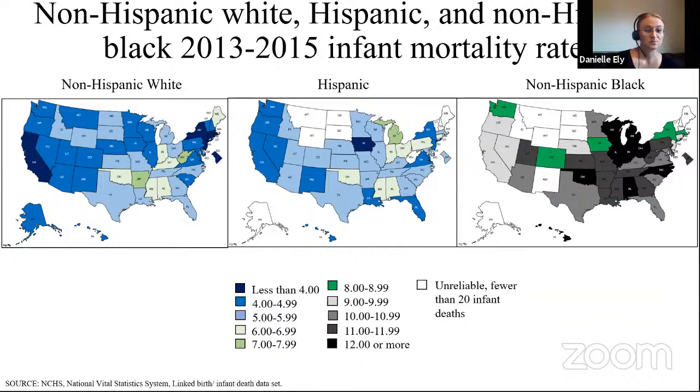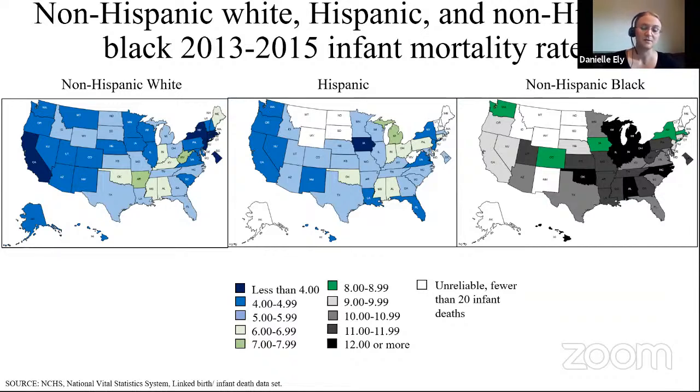So in general, this is relatively good, especially as you move over. For infants of Hispanic women, the range was from 4.23 infant deaths in Florida all the way to 7.28 infant deaths in Michigan.